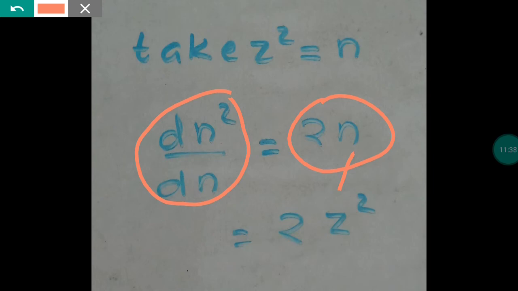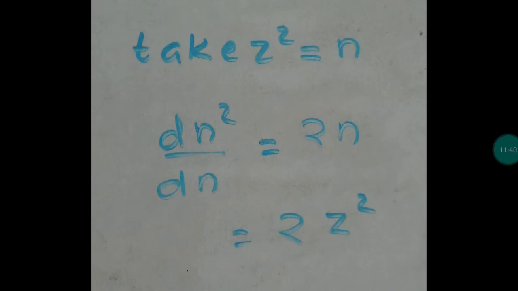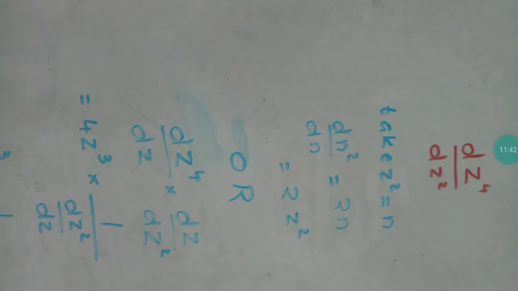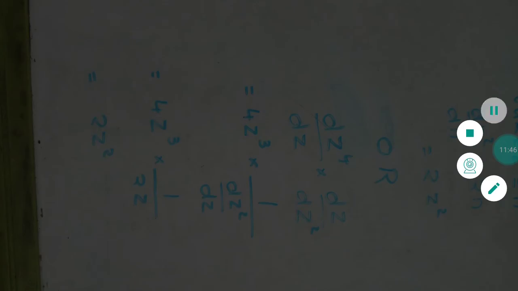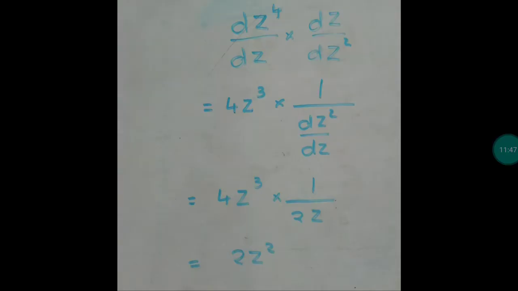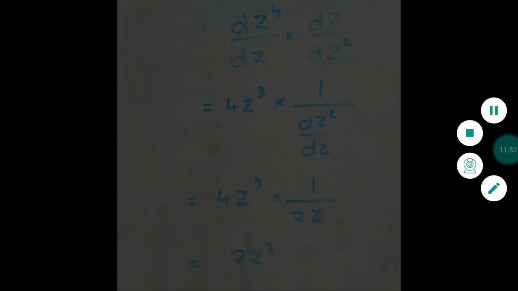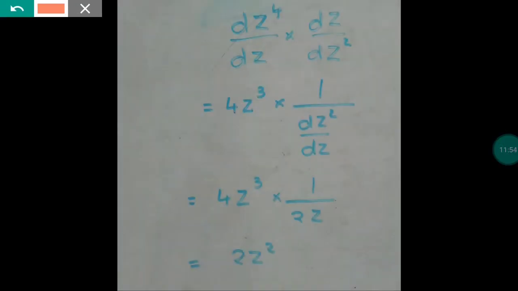All right, now there is one more method. You can do this method, or you can go with another method. This one. See, what I have done over here is in the numerator I had z raised to 4, in the denominator I had z square.